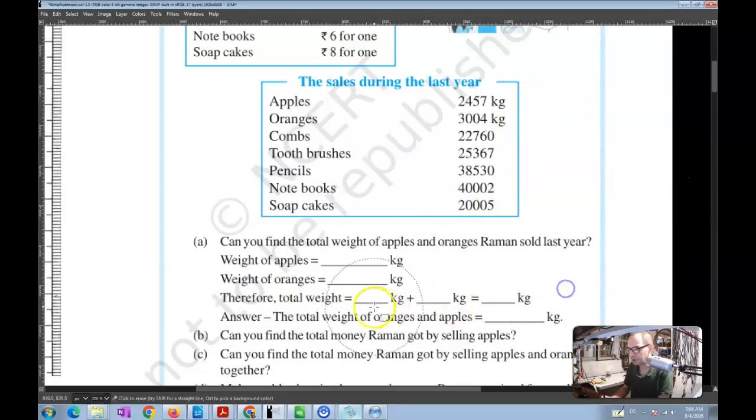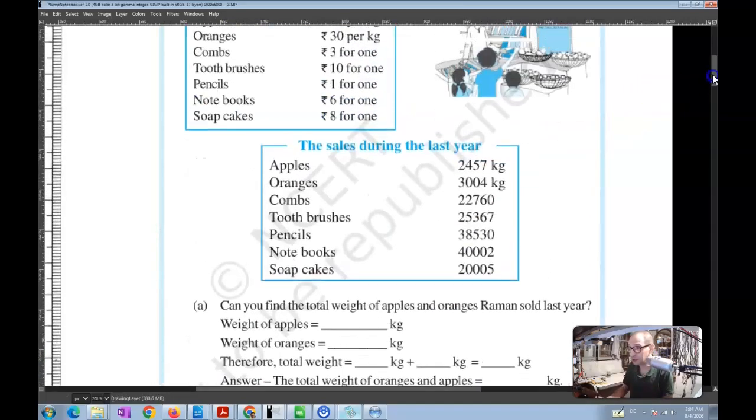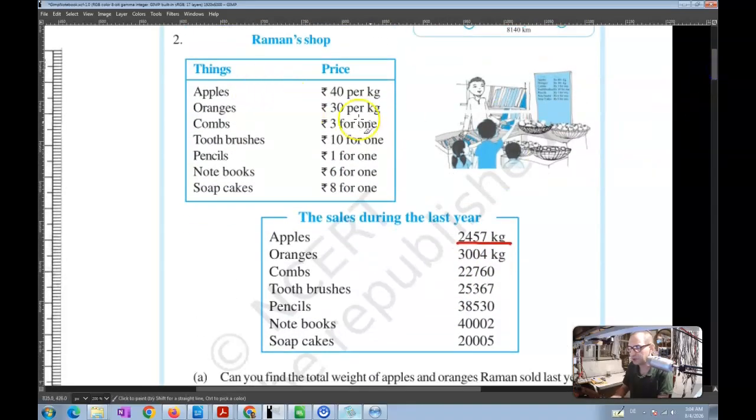Now the second part of the question is, can you find the total money Rahman got by selling apples? So in total, he sold 2,457 kilograms of apples, and the unit price for apples was 40 rupees per kilogram.